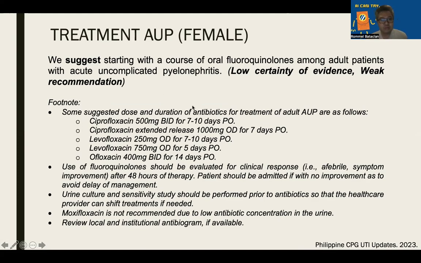Oral fluoroquinolones would be the antibiotic class that's preferred for acute uncomplicated pyelonephritis. Again, culture and sensitivity should be performed prior to the antibiotics. If this does not work, we can have other options once the results of the culture come out.